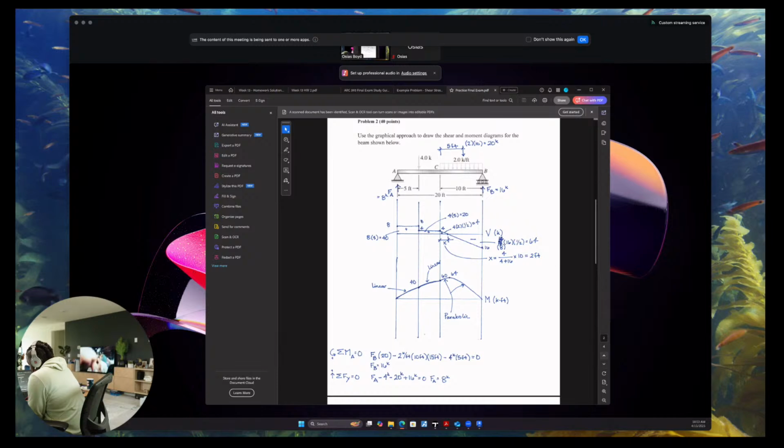And then because it's 15 feet away from FA, we multiply it by 15 minus our next load, a point load of 4K, times the distance, which is 5 feet, equals 0.